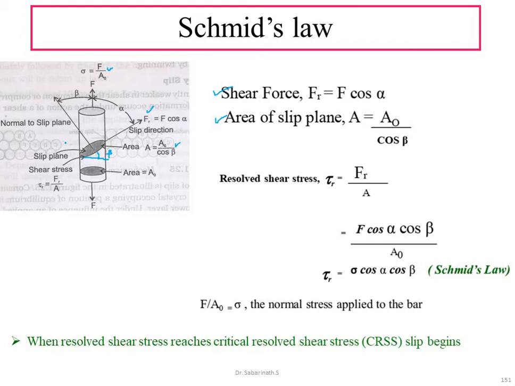The resolved shear stress, tau r, is defined as Fr by A, which is equal to F cos alpha by A. A is A naught by cos beta.